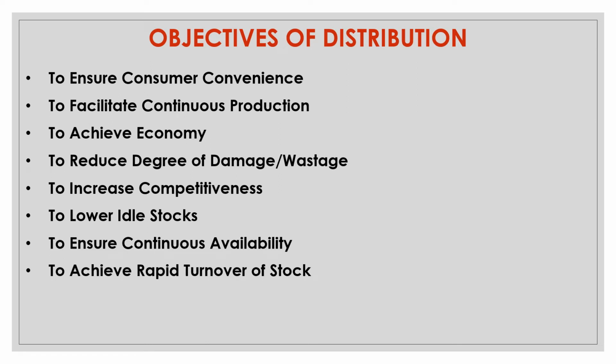The business firm should ensure the availability of products at nearby stores. That is the responsibility of distribution. Achieve rapid turnover of stock. The business firm should rapidly get stock turnover. If stock turnover is good, only then will sales revenue and profits be high. Otherwise, stocks will pile up and become idle.